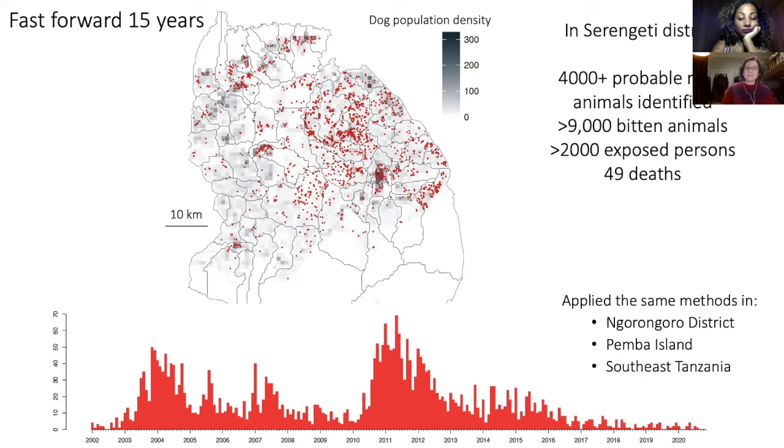And you can see there have been 2 quite major outbreaks during that time. In addition to the rabid animals we've identified, we've also seen over 9,000 animals that were bitten by those animals, and just over 2,000 people who have been exposed by these rabid animals, as well as 49 human rabies deaths over this period.